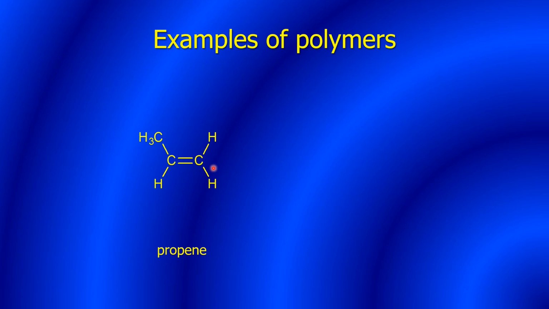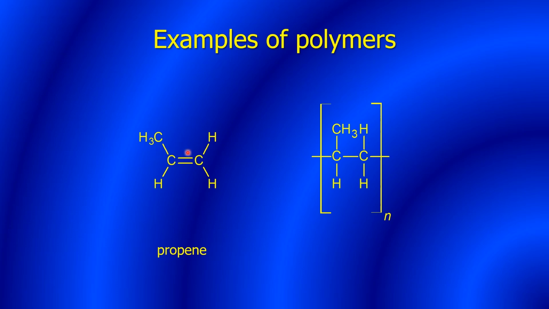Okay, so here's the structure of the polymer. What we've done is we've taken the double bond, we've broken the double bond, and the bonds now trail either side of the brackets. And we've got our structure of the propene with CH3, CH, CH2, like that, with an N outside the brackets.